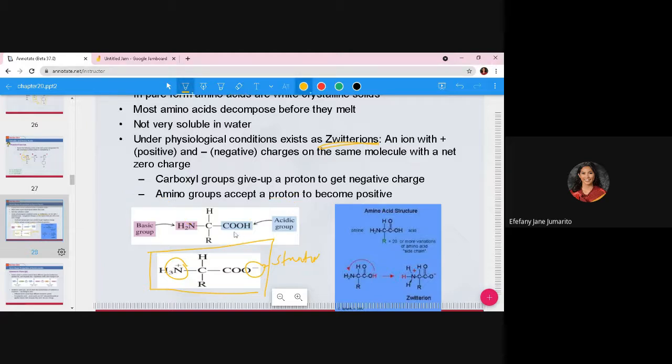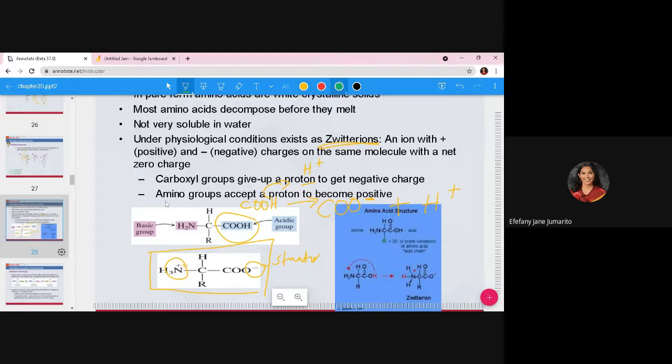When we ionize your COOH, it will give up a proton, the H plus. So it will become COO minus and H plus, because it gives up the H here.